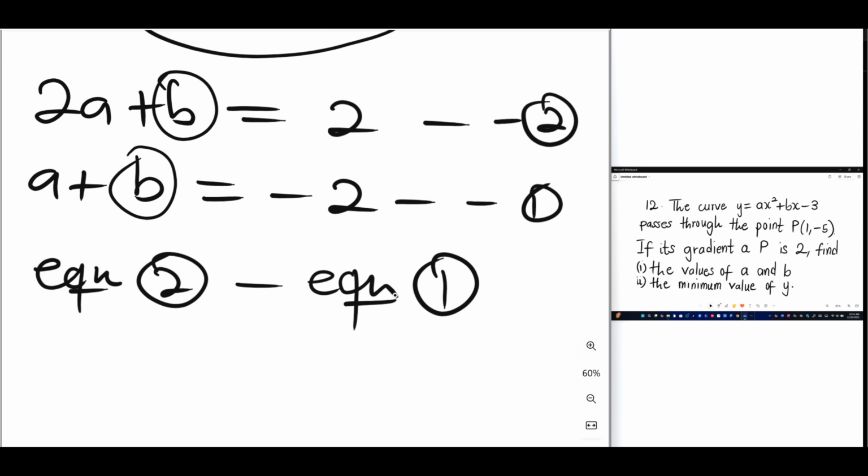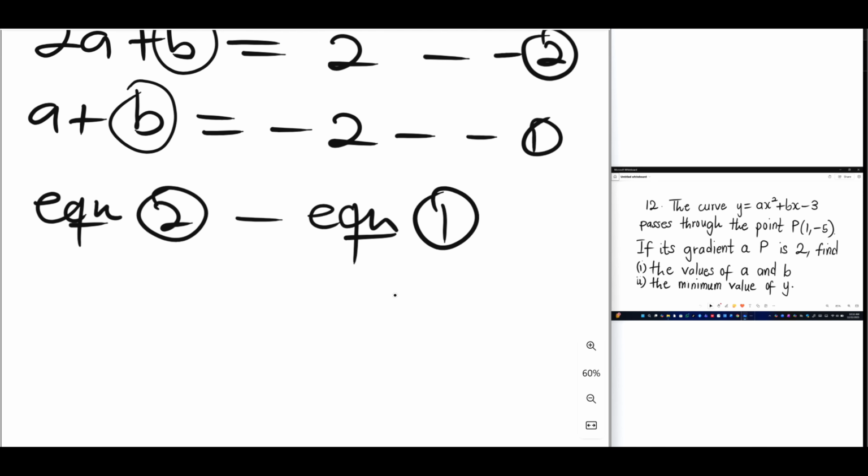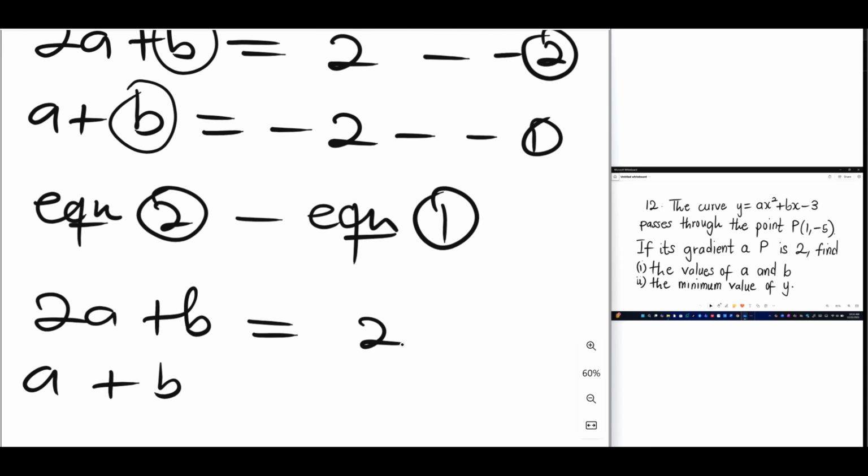You are going to get the same answer. My equation 2 here is 2a plus b equals 2. Then my equation 1 is a plus b. I'm subtracting, so a plus b equals negative 2.